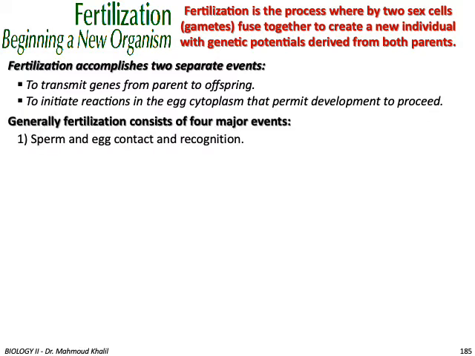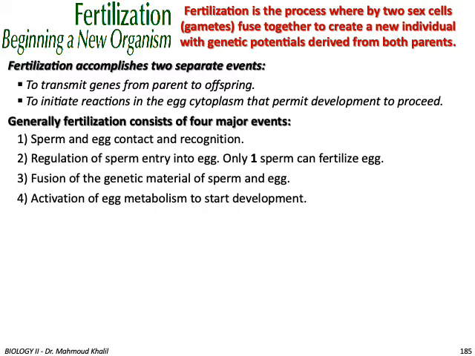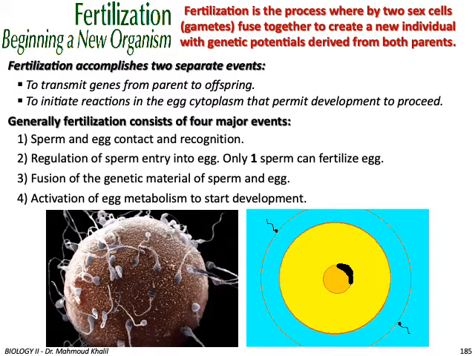Generally, fertilization consists of four major events: sperm and egg contact and recognition, regulation of sperm entry into the egg so only one sperm can fertilize the egg, fusion of genetic material of sperm and egg, and activation of egg metabolism to start development. You can see here an animated image.